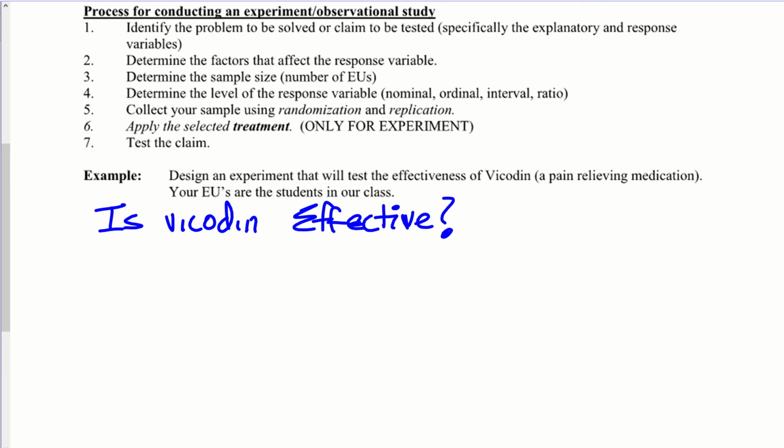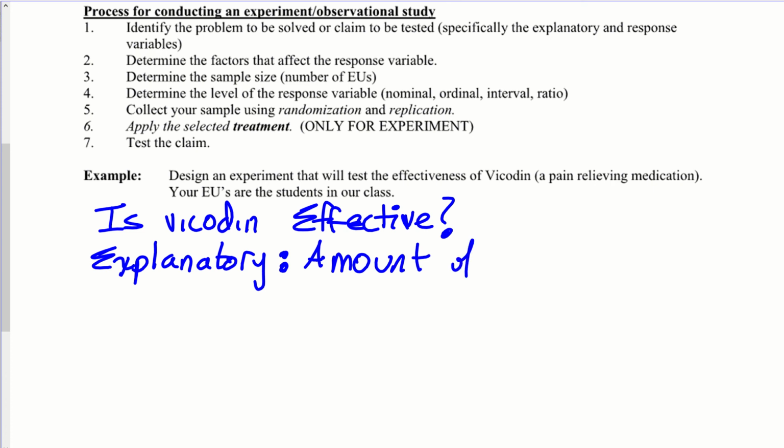We have to identify the explanatory and response variables. The input variable is the explanatory, so that would be the amount of Vicodin. Response.